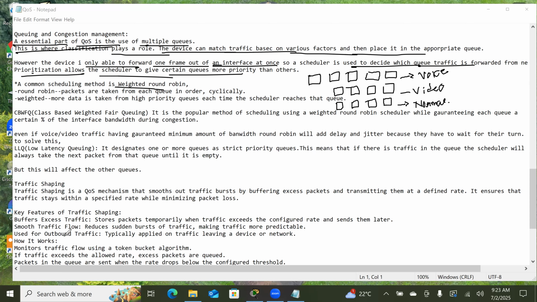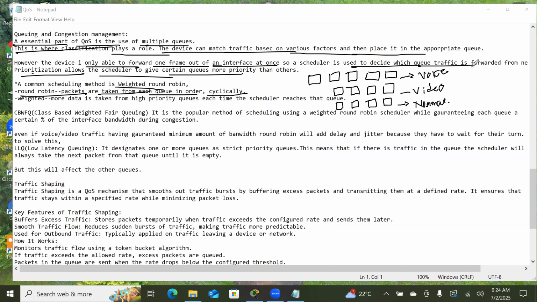In round robin, packets are taken from each queue in order, cyclically.